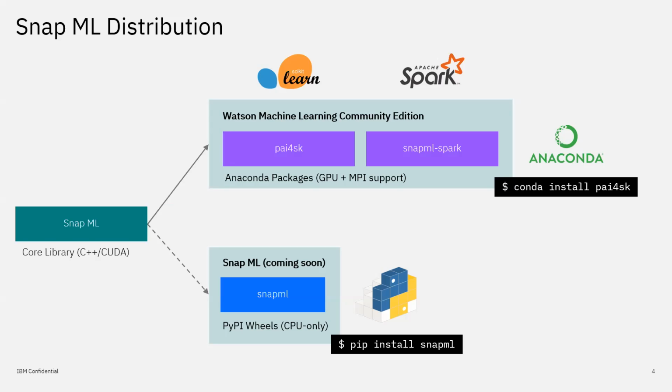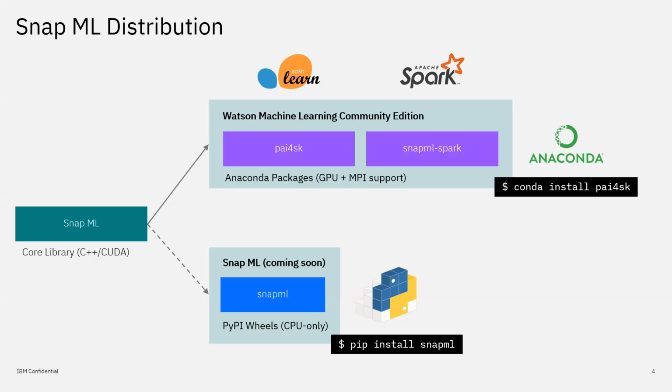There are 2 packages. One is called pai4sk, which is SnapML with a scikit-learn interface for single node use. And then there's SnapML Spark, which is an Apache Spark API for use in distributed environments. Both of these packages can be installed simply by saying conda install pai4sk after subscribing to the WML channel.